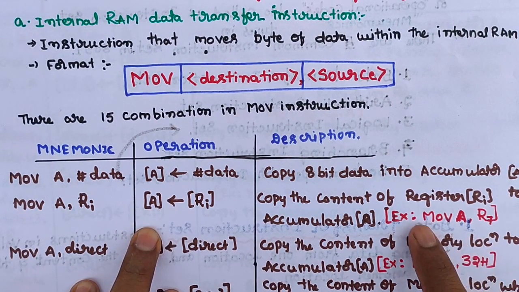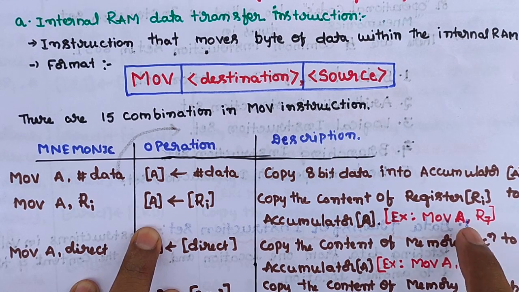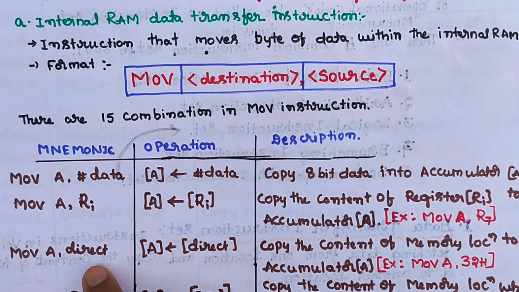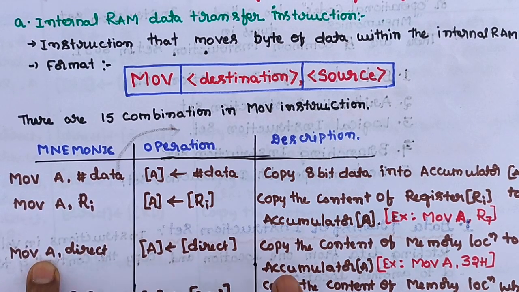Here is an example: MOV A, R7 or R6. The content of the R7 register is copied to the accumulator. Similarly, MOV A, direct, which is direct addressing mode. Here we directly specify the memory location address, and the content of that memory location is transferred to the accumulator.